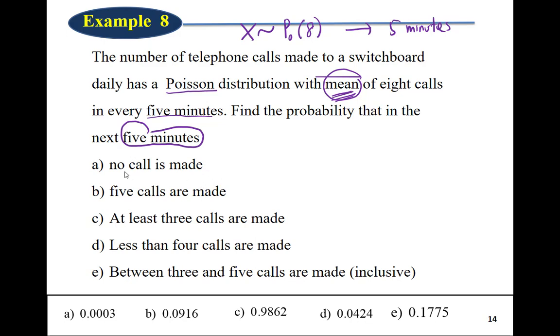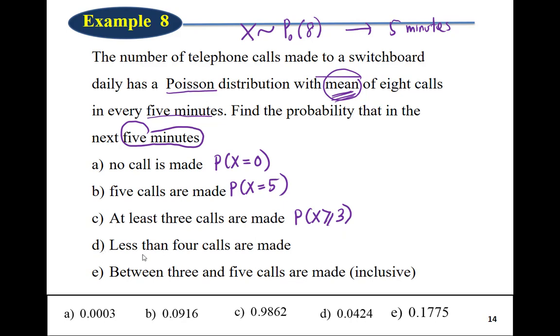The first one, no call. So we are going to find probability of x equals 0. You can use the formula or the table. Question B, 5 calls. Probability of x equals 5. Question C, at least 3 calls. Probability of x greater than or equal to 3.